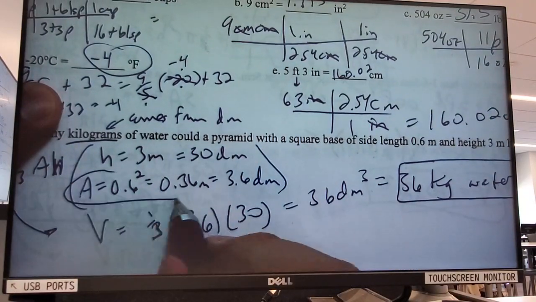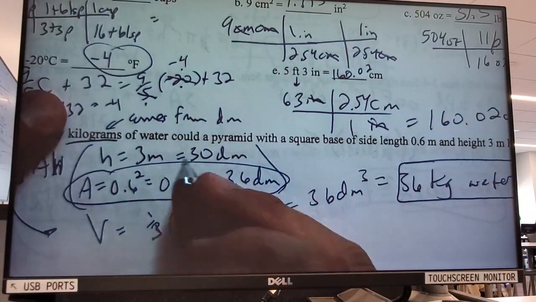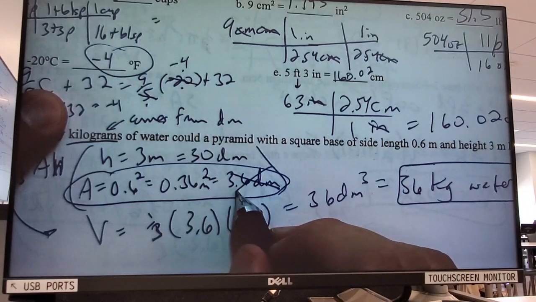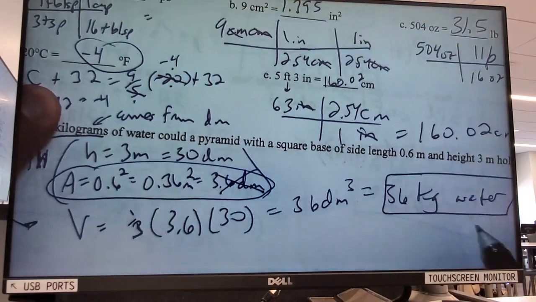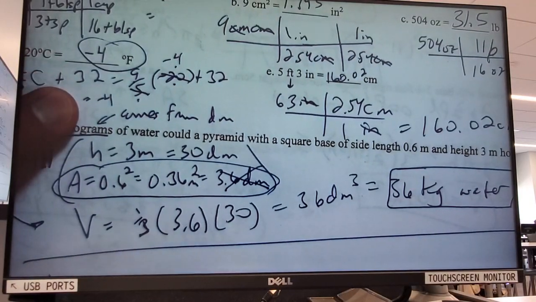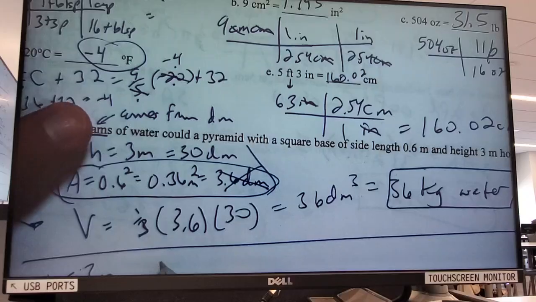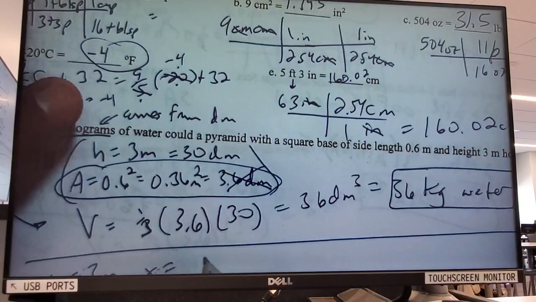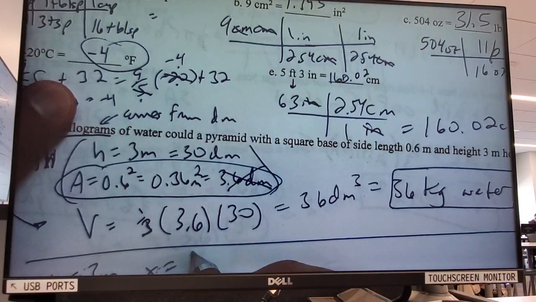Right here, this should be square meters, which would totally make this not what I put it down as. So what I should do is convert everything over to decimeters like we did earlier. X equals 6.